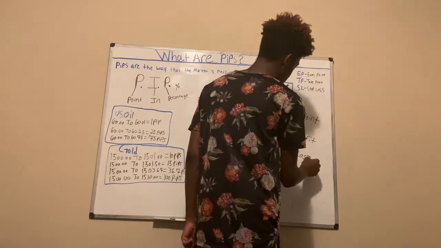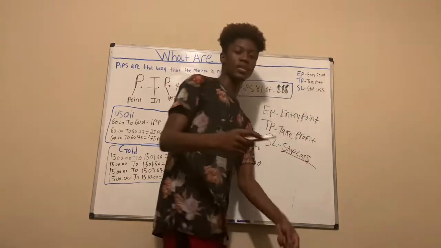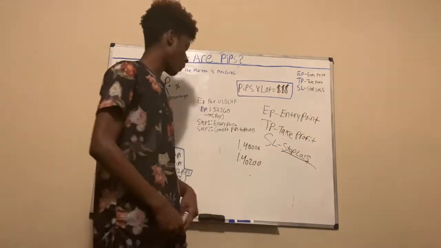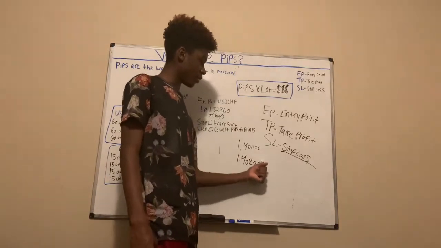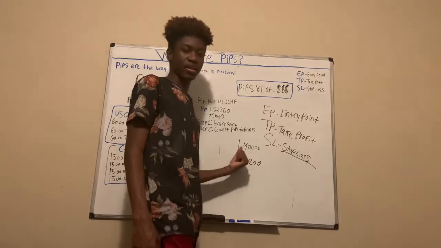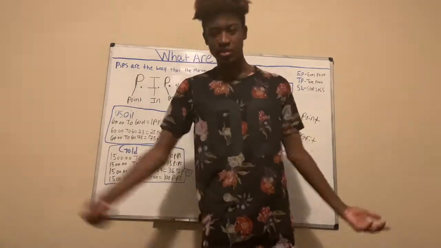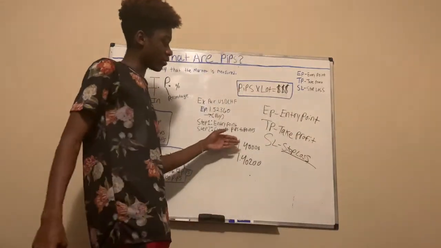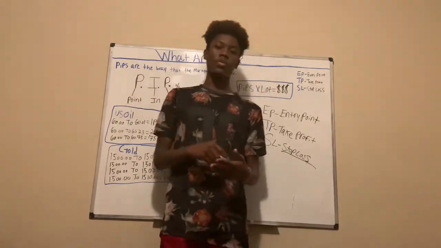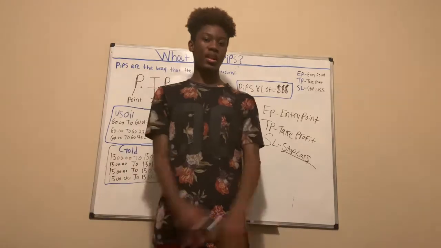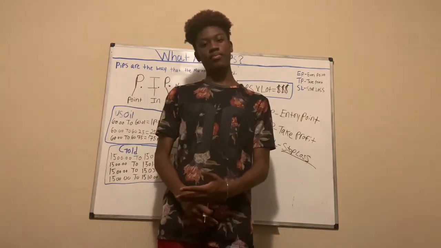Oh, that's sloppy. Alright, so say I got a 20 pip stop loss. The market right here, this is my entry, it hit my entry zone and I'm in for a buy, but it reverses and hits my stop loss, which is right here, my 20 pip stop loss. When it hits your stop loss, it closes the trade instantly and you lose money.